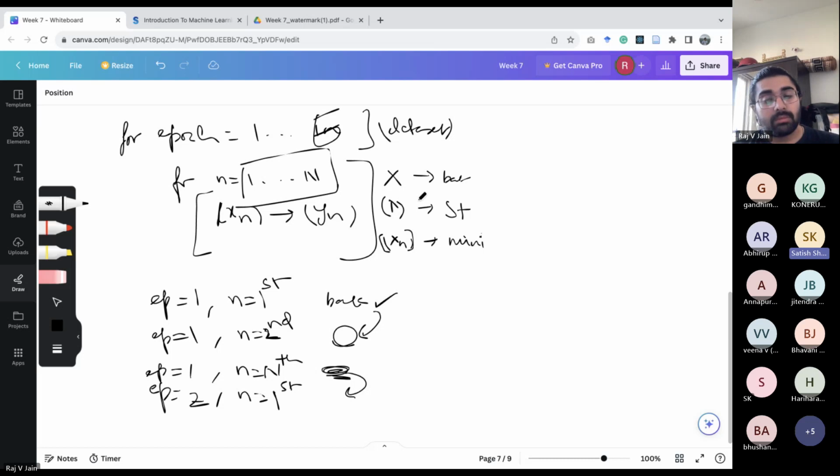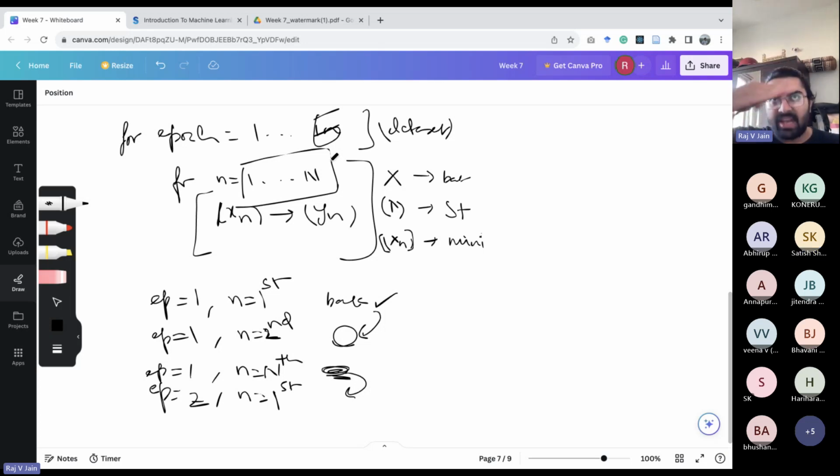Now my question: how many iterations will it learn? That is a heuristic method only. How many times you have to run this epoch, the maximum value of E? Nobody knows, nobody can fix it. So usually you try a large value, and because you also have a validation set, you keep getting a validation error.